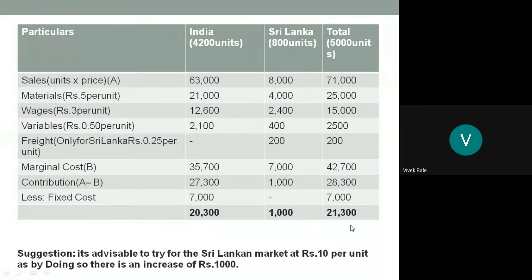And therefore, with this example, my suggestion is, it is advisable to try for the Sri Lankan market at rupees 10 per unit. By doing so, there is an increase of only rupees 1,000 in cost. For 800 units, only 1,000 cost is increased. Therefore, it is advisable to try the Sri Lankan market for the manufacturing of the units.